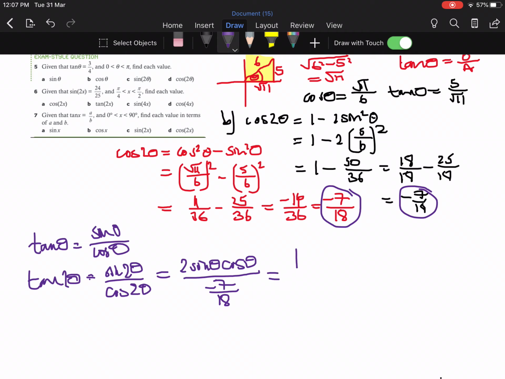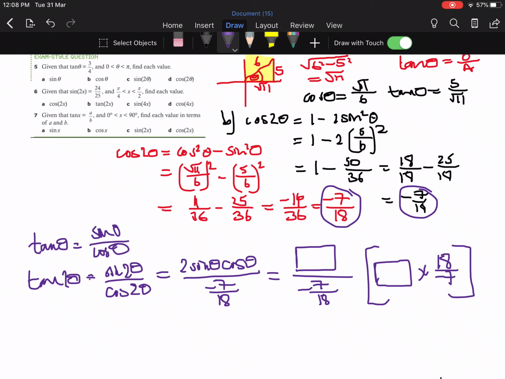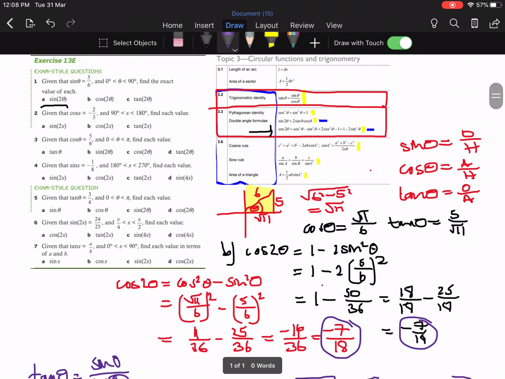So when you work out the answer to 1a, you put it in that box, and then it's just dividing fractions. Keep, change, flip. So another way of writing it, it's this fraction times by 18 over, keep, change, flip.